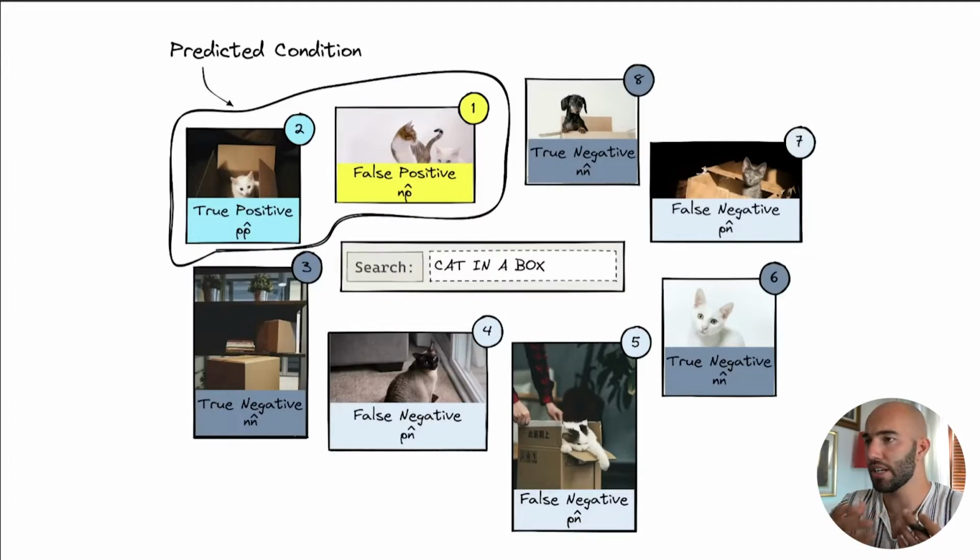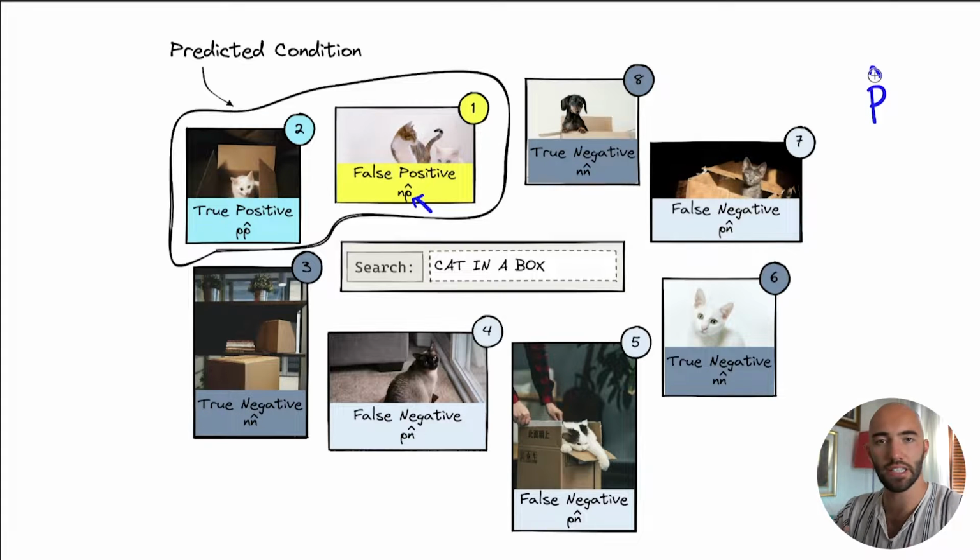Now, the information retrieval system may predict something like this. Say we ask the information retrieval system to return 2 items. It may rank everything, and the top 2 items that it believes to be the most relevant to our particular query, cat in a box, are here. We have number 1, which has a predicted condition of true, which is what you can see over here with this P hat.